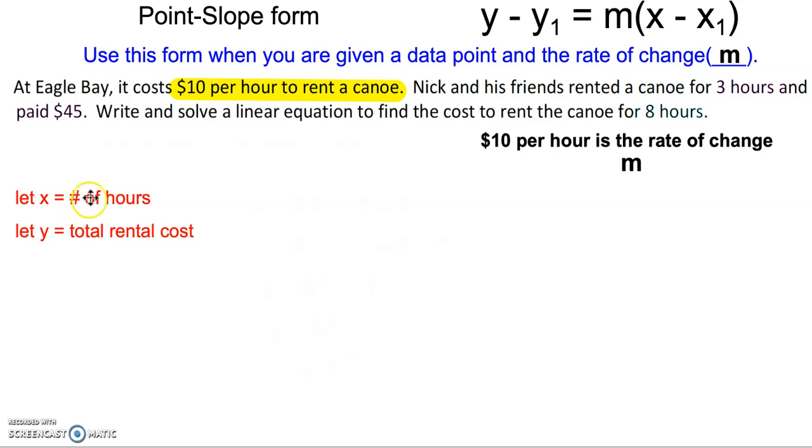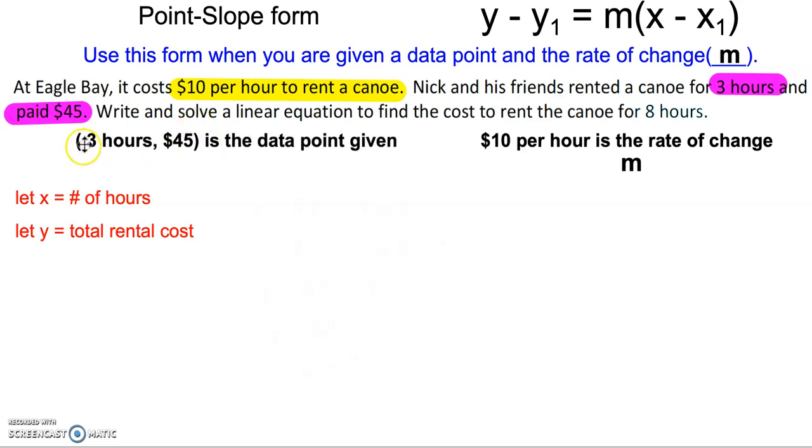Especially because in this form, we're given a data point. We're given 3 hours and a total cost of $45. So we're given this data point of an x value of 3 because that represents the hours, and a y value of 45 because that represents the total rental cost.